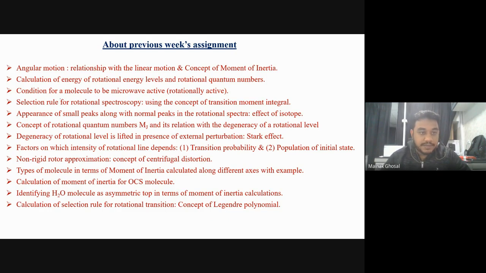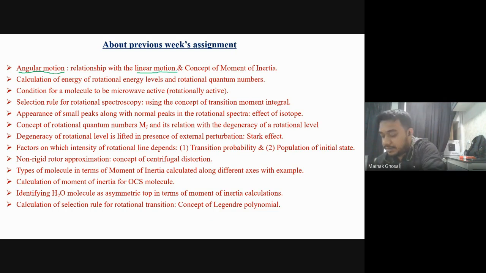What is rotational spectroscopy? Molecules have rotational energy levels, and we discussed under which condition rotational transitions will happen. For anything about rotational motion, we need to consider angular motion. What is angular motion and how it is related to linear motion was discussed.